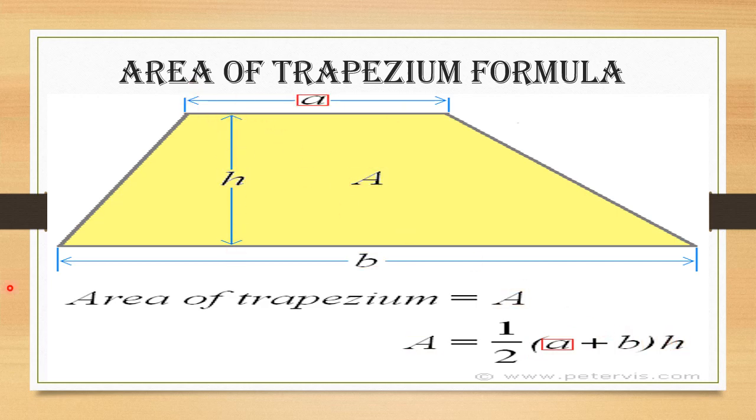A and B are the parallel sides of the trapezium. This is A, this is B. Area of trapezium is equal to half into (A plus B), the sum of these two parallel sides, into H.